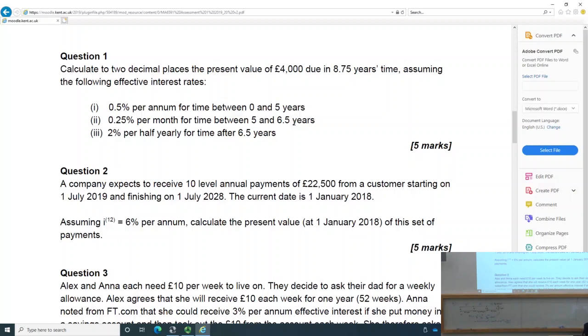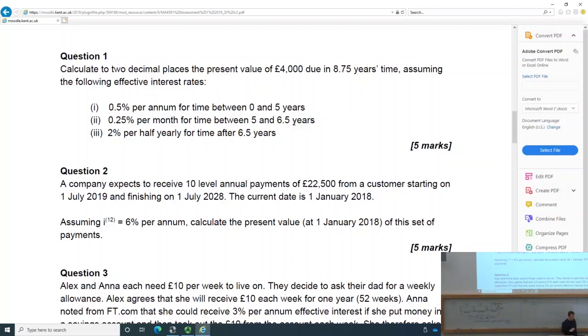Okay, right. So first thing, let's draw a timeline. So we're here, so what date were we? 1st of January 2018. So 1/1/18, 1/1/19.